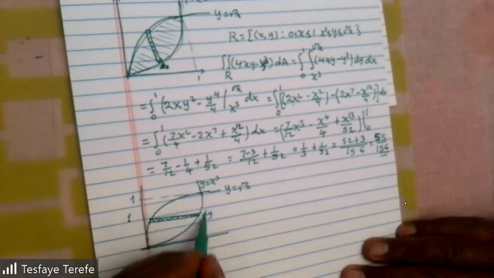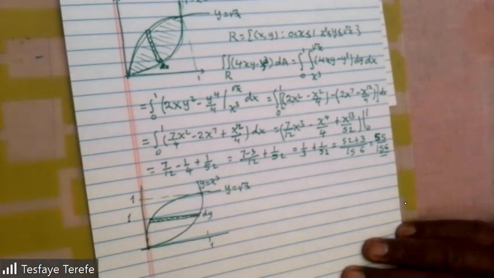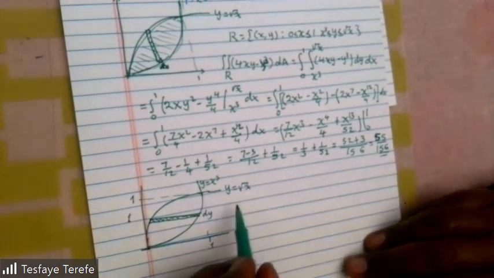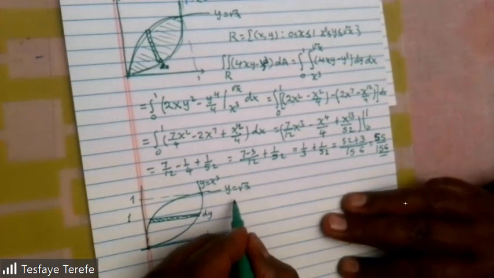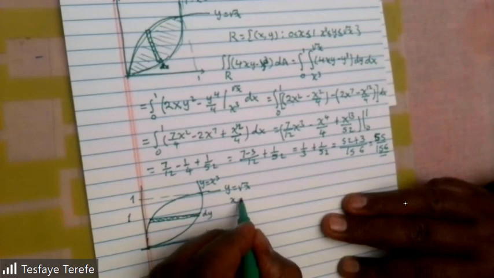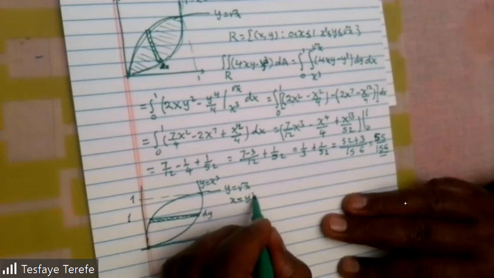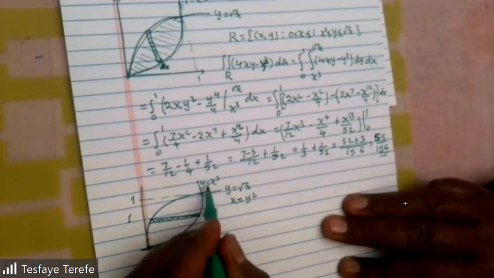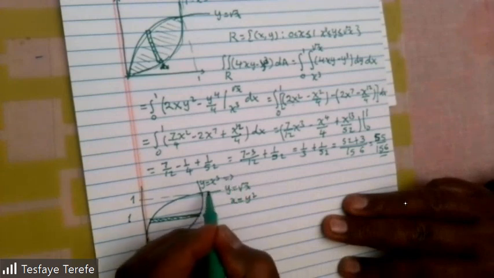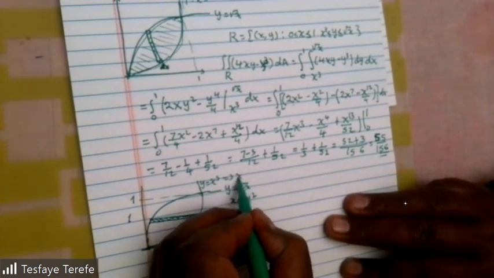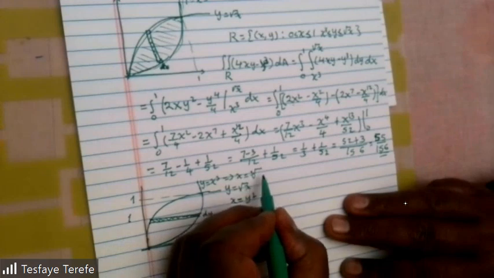This is 1, and this is also 1. And now let us change this function. It is x is equal to y squared. And when you change this one, this will lead us also to x is equal to the cube root of y.